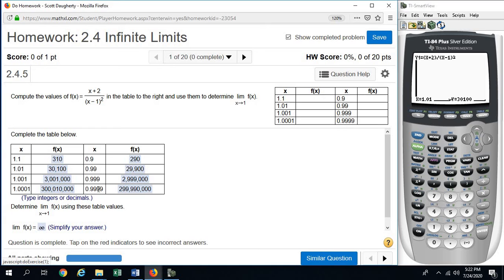Likewise, as x gets close to 1 from the negative side of 1, you can see that the y values are getting larger and larger. They're heading towards infinity as well. And so that means the two-sided limit is also heading towards infinity, because the left side and the right side limits are heading towards infinity. So the two-sided limit here would be equal to infinity as well.